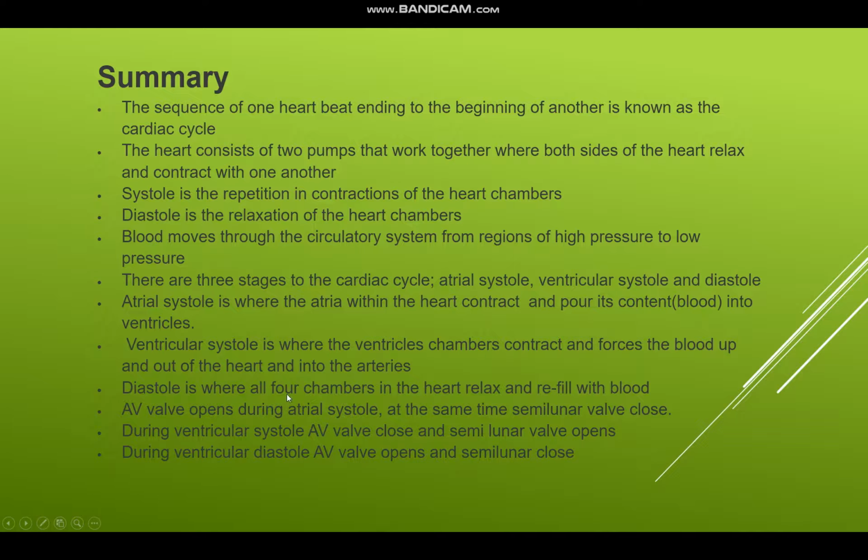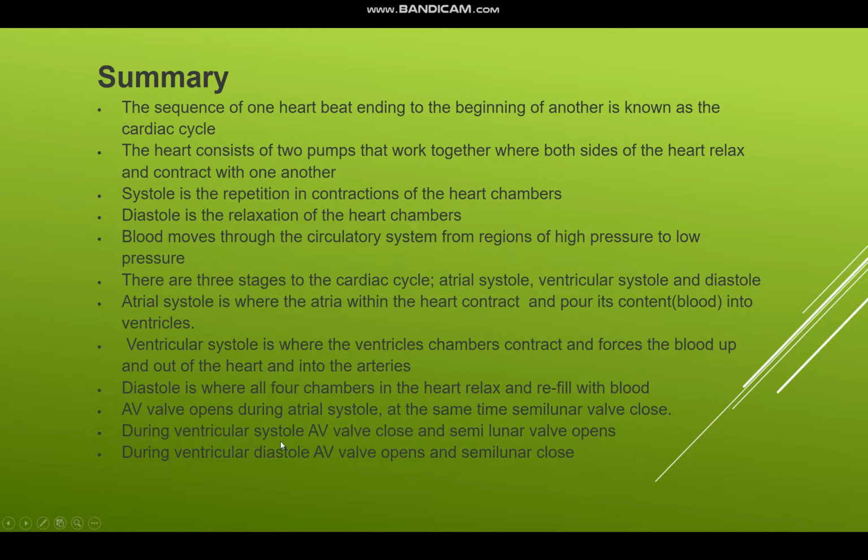Diastole is where all four chambers in the heart relax and refill with blood. The atrioventricular valve opens during atrial systole so that blood pours into the ventricles, and at the same time the semilunar valve closes. During ventricular systole, the AV valve closes and the semilunar valve opens, and during ventricular diastole, the AV valve opens and the semilunar valve closes.